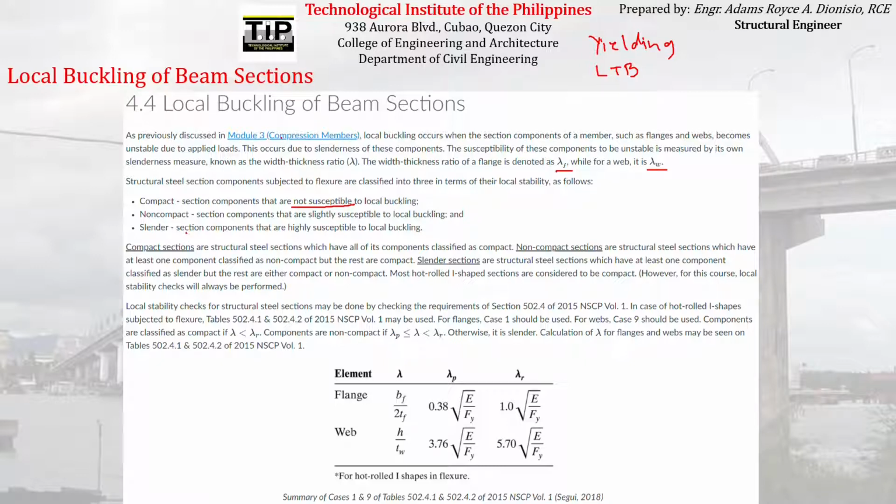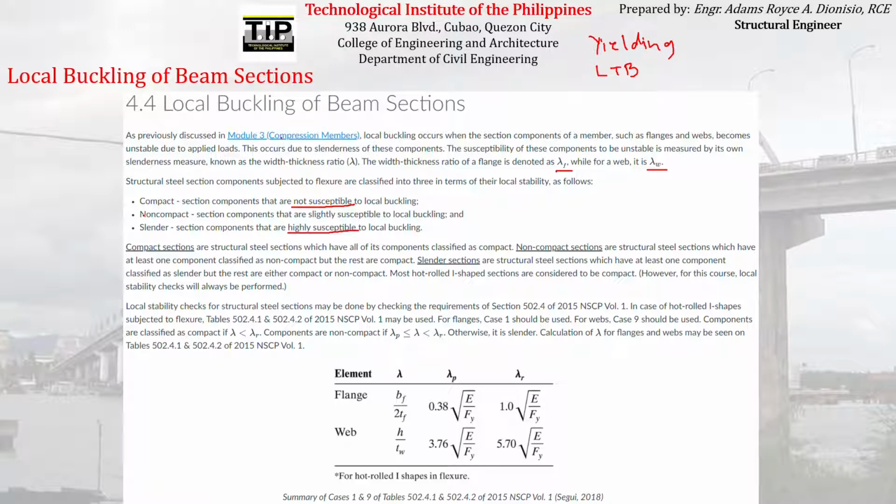Yung kabaligtaran niyan is yung section components, yung slender, which are section components that are highly susceptible naman to local buckling. Okay? Compact, hindi siya susceptible to local buckling. Slender, highly susceptible to local buckling. Yung in between them, na medyo wala yata to sa compression member. I think sa compression member, compact lang tsaka slender.